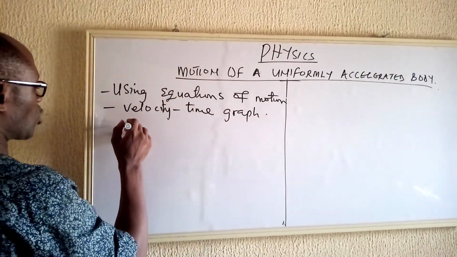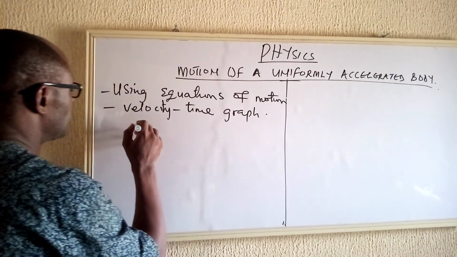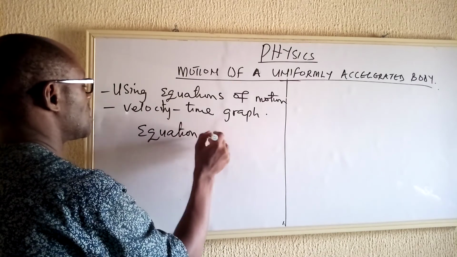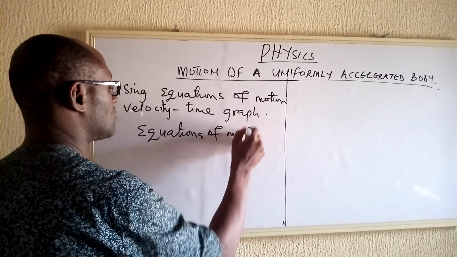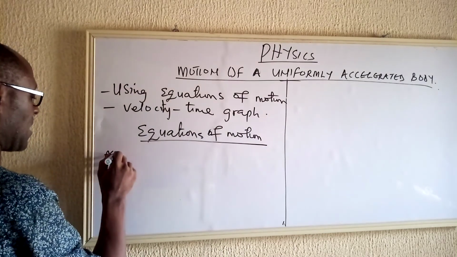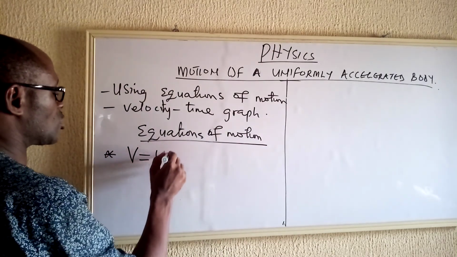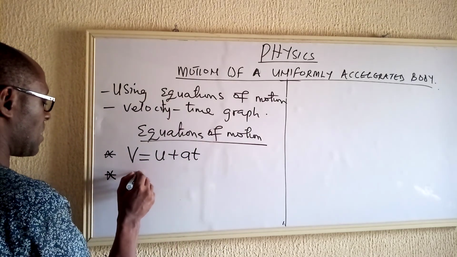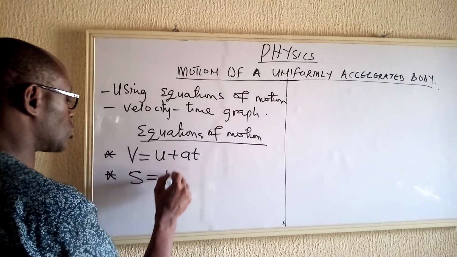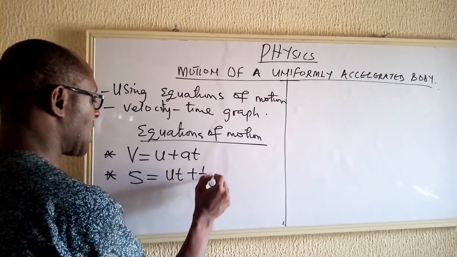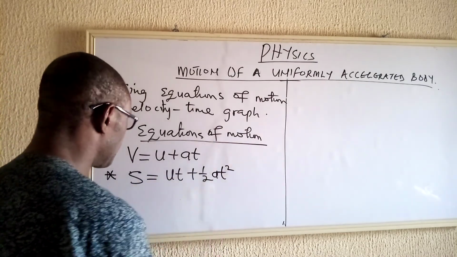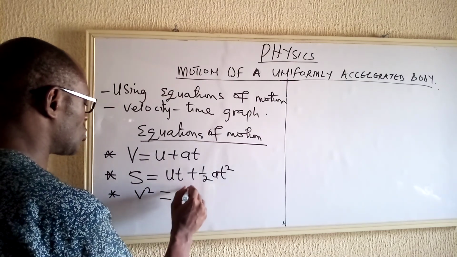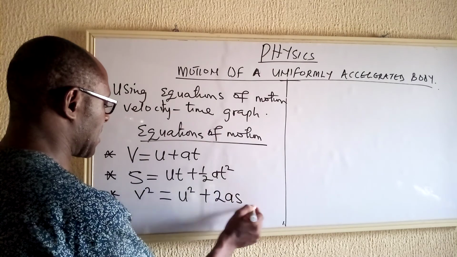Today, under this volume, we are going to have a look at equations of motion. These are V equals U plus AT, S equals UT plus half AT squared, and V squared equals U squared plus 2AS.